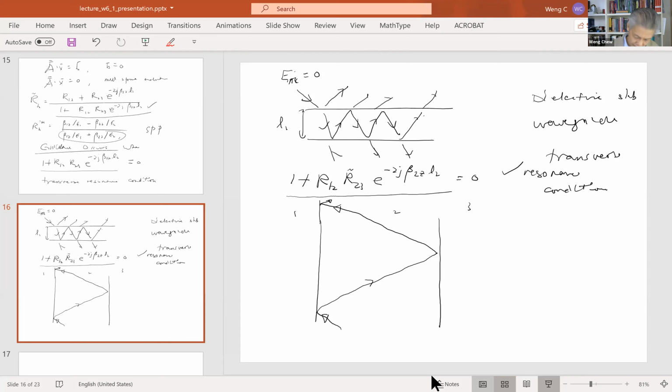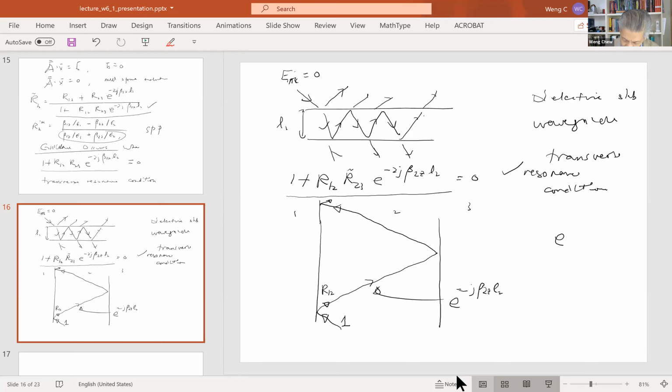If the wave amplitude starts with 1, the first time it bounces around, it has an amplitude of R12. Then it propagates through the waveguide and acquires a phase, beta 2z L2, just one phase.